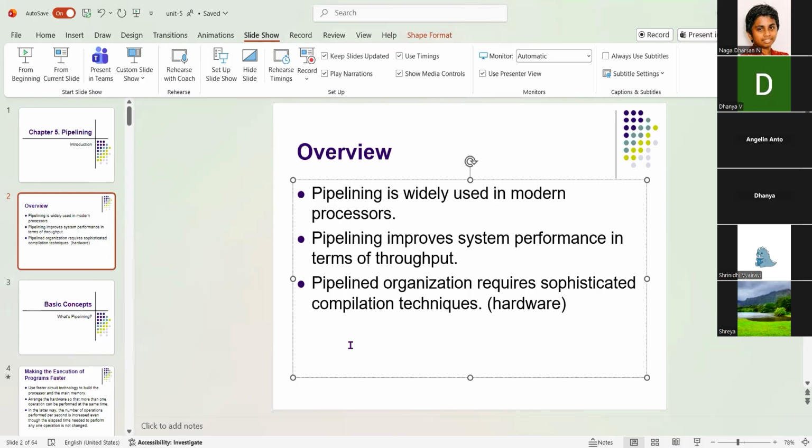Which is pipelining, A or B? Nidarshana says A. She's exactly right. In pipelining, you are dealing with two different instructions happening at the same time.